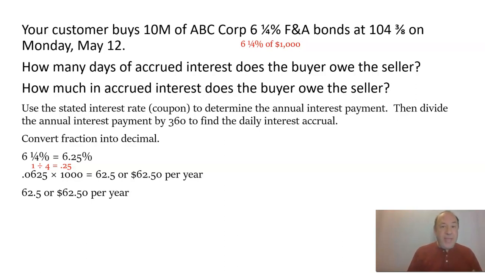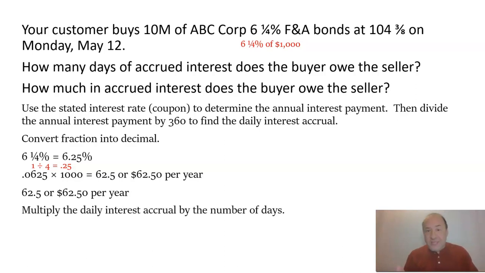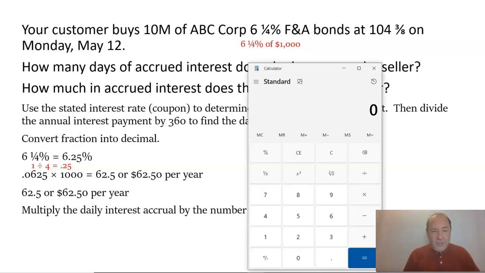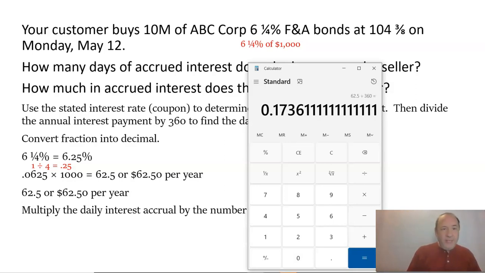How much is the daily accrual? If we take the $62.50 per year, and again, we assume that there are 360 days in a year, so we're going to divide. Now this time, of course, we're definitely going to get our calculator. So we're going to take 62.5 divided by 360, and we get 0.1736. That's about 17.36 cents per day.